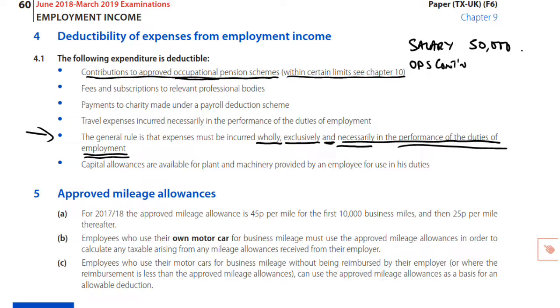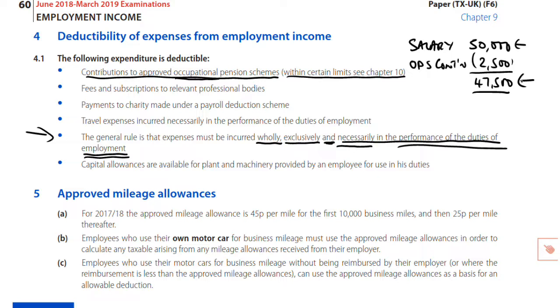So 5% of the salary of £50,000 would be £2,500. So that would be deducted in deriving the employment income. That would now be £47,500, and it is that figure that you would then include as employment income in your income tax computation and include it then, of course, within your non-savings income column.